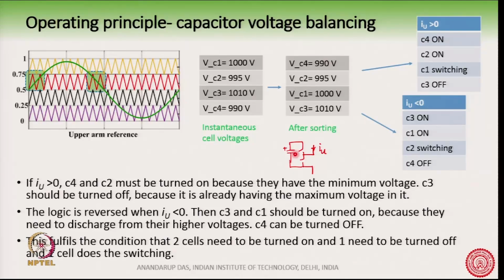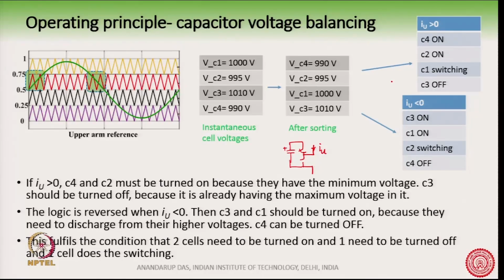If I turn on C2 and C4, that means I turn on this switch, then C4 and C2 will be charged up. The voltage will increase, because IU is in the positive direction. This is the direction of IU, and out of the 4 cells, 2 cells need to be turned on, and they must be C4 and C2, because their voltages are minimum at this point of time.